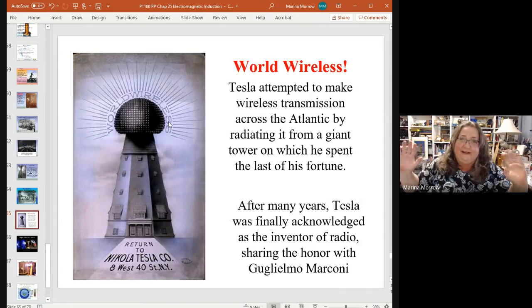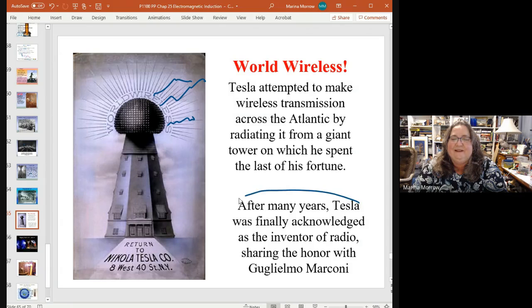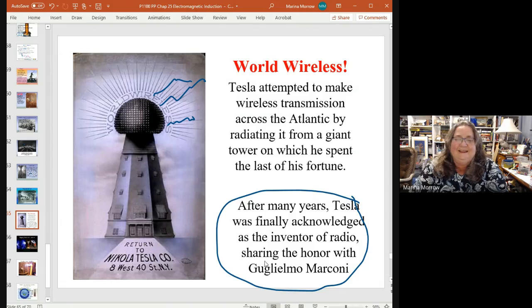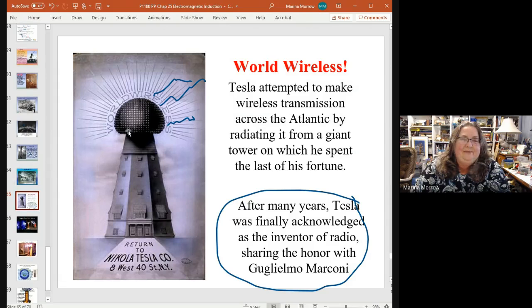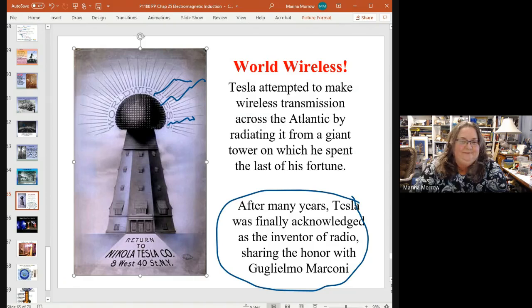He was going a little crazy by this time. He spent the last of his fortune on it. Unfortunately, then it was either hit by a hurricane and burned, or burned and then hit by a hurricane. Anyway, because he was sending out radio waves, he eventually was acknowledged recently as the inventor of radio, because he was trying to send signals out to the people.